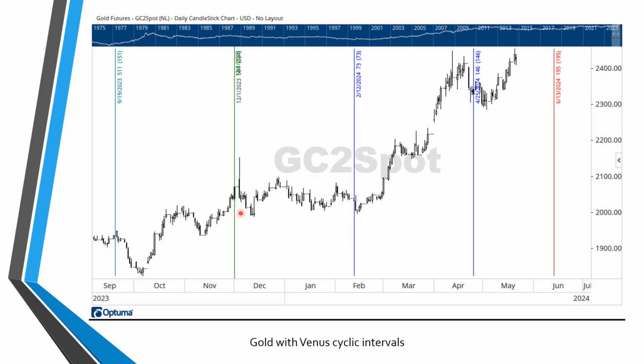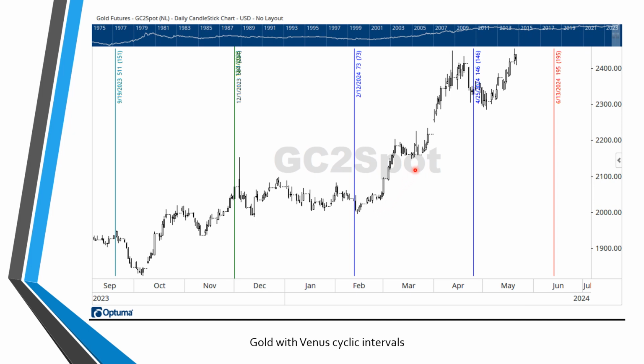Well, look what gold did. Registered again a little inflection reversal, nothing serious. And then we start a brand new synodic cycle. And the first increment on that Venus cycle is the 73-day interval. And look what happened literally 2 days after that.